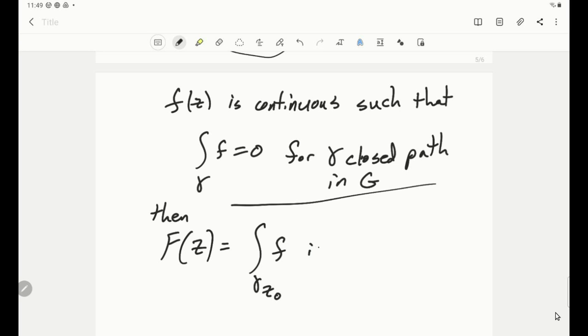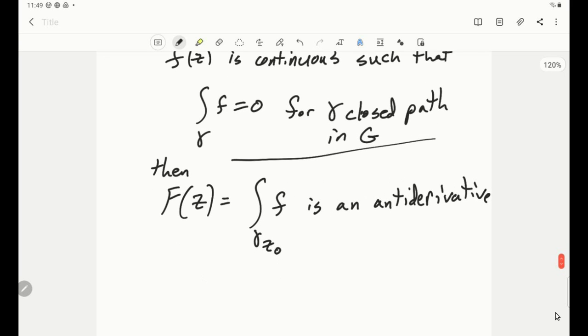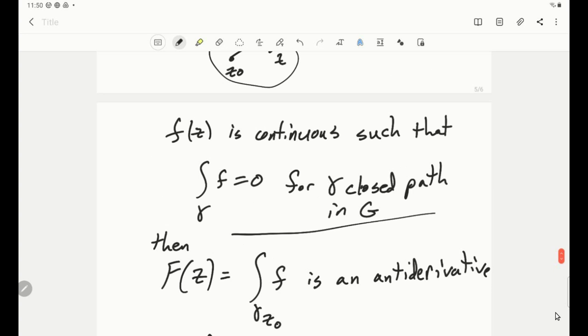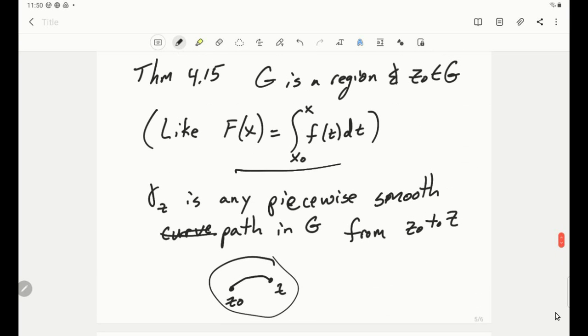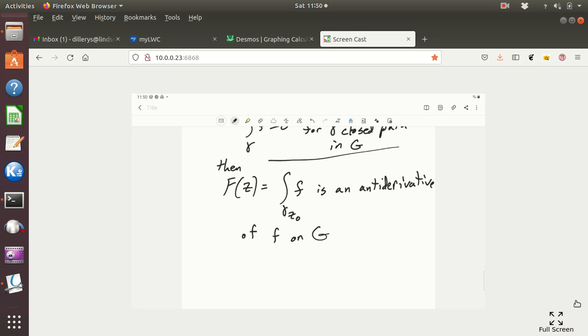Then F is an antiderivative of f on G. So in essence, we're defining an antiderivative by the integral of its derivative. Okay, and I think that does it for 4.2. So we'll escape out of this and turn this off.